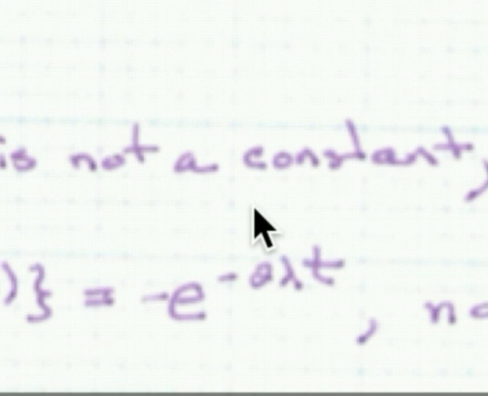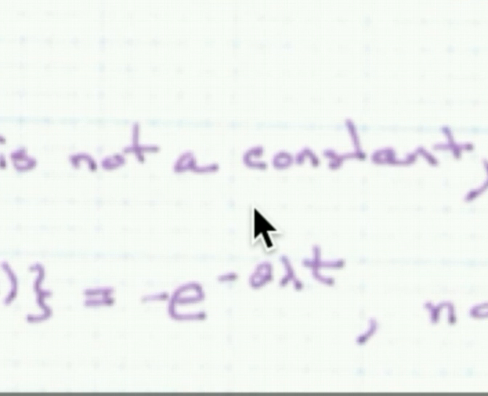The last section of assignment 8, problem 2, deals with whether or not the stochastic process X of t is WSS. And the answer is no, because the mean is not a constant.